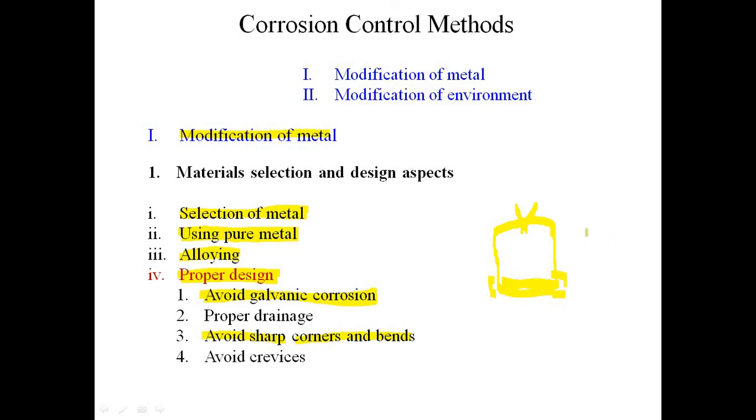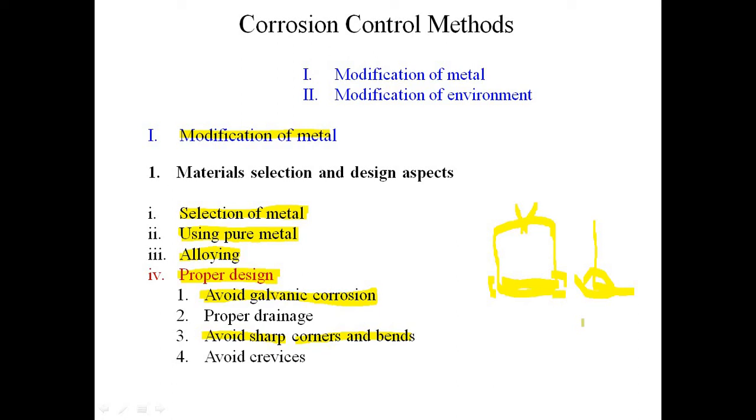Even for the same boiler, if you have a boiler which is exactly square-shaped, where you have sharp corners, these sharp corners always tend to get attacked by the environment.